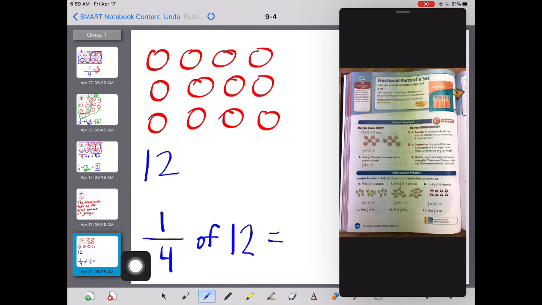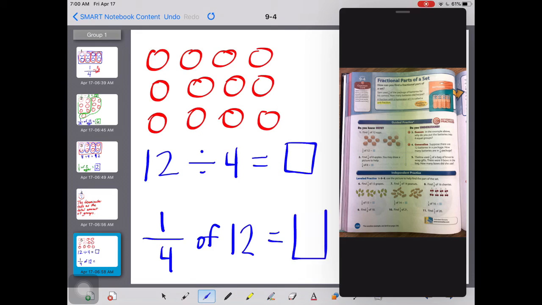We need to make 4 groups. So we want to basically do 12 divided by 4. That will give us 1/4 of 12. Okay? So here's our entire 12 batteries, and we want to make 4 groups.